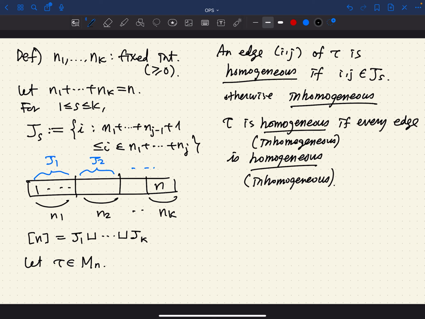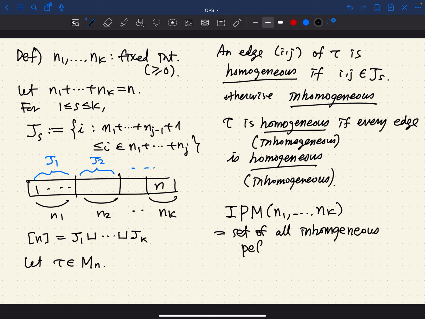Okay, and finally, IPM of n1, ..., nk is the set of all inhomogeneous perfect matchings on this set, where we divided [n] like this.